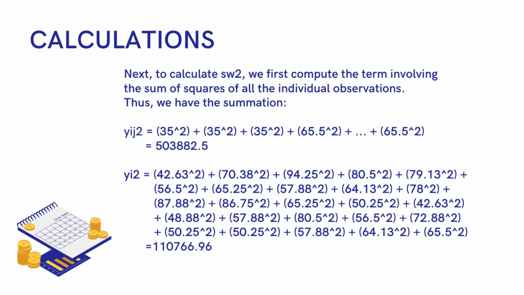Next is the x squared w. We first have to compute the term involving the sum of squares of all individual observations, and we got the final answer of 503,882.5.